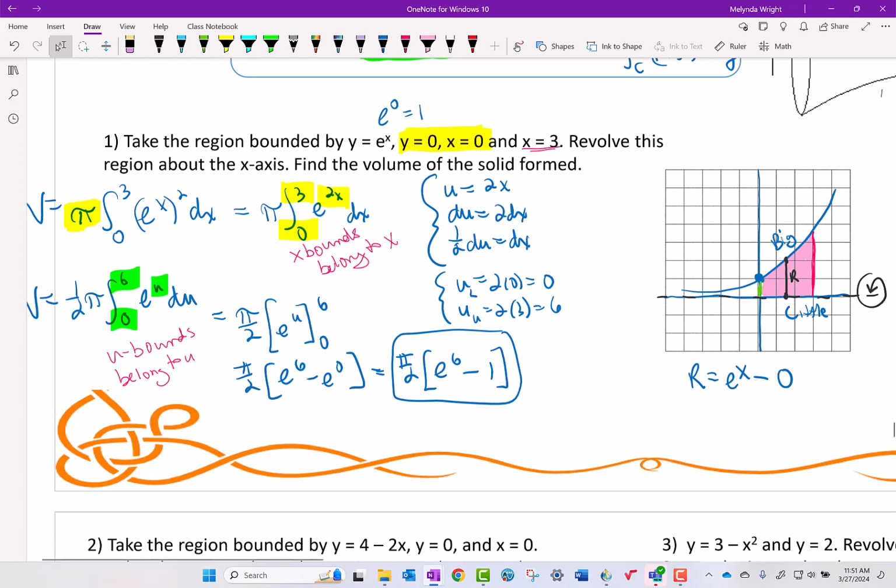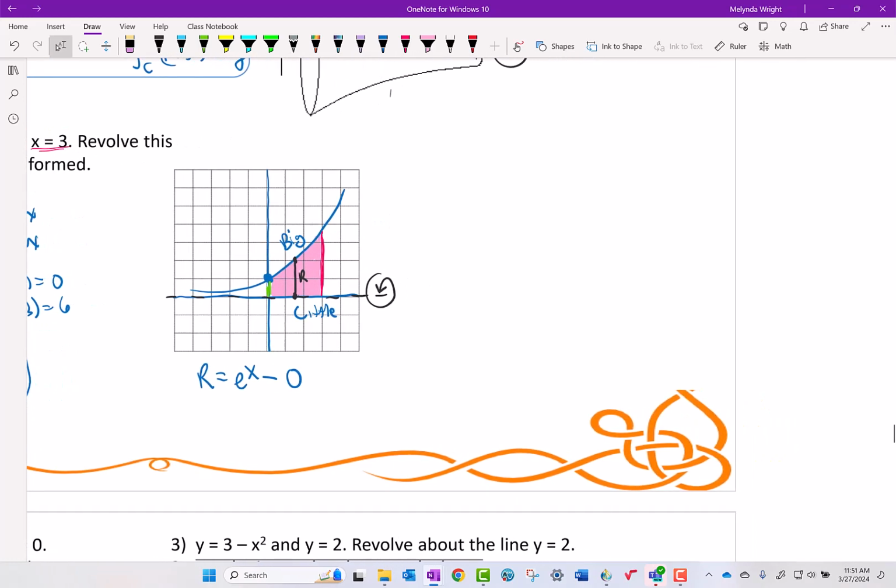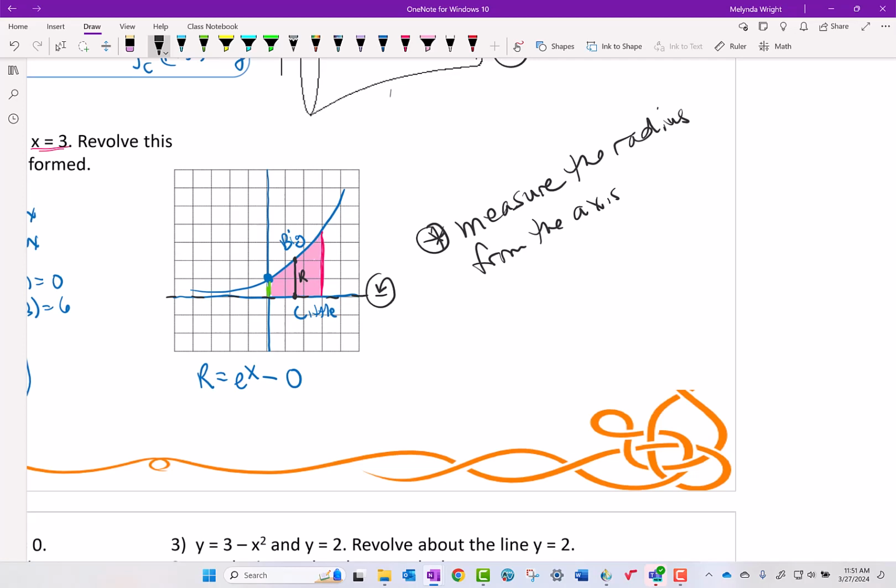One thing that I want to make sure, let's just write this little note out to the side. This is just for our benefit. Right now, it doesn't seem to matter, but it will. So let's just put a little asterisk here. We measure the radius from the axis of rotation.